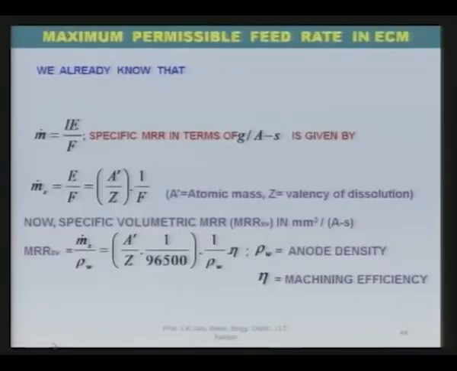So, this can be written as A dash over Z divided by 96,500, that is the Faraday's constant, multiplied by 1 over rho_W, that is the density of the workpiece material, and zeta is the machining efficiency, which you can assume 1 for practical purposes.